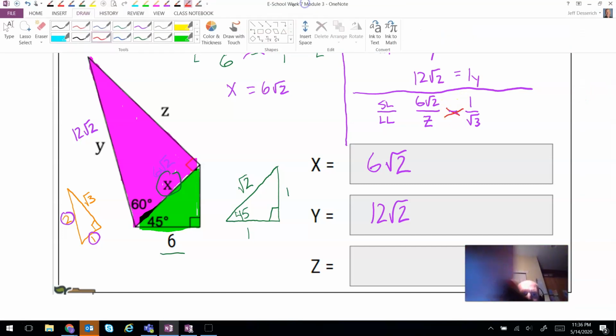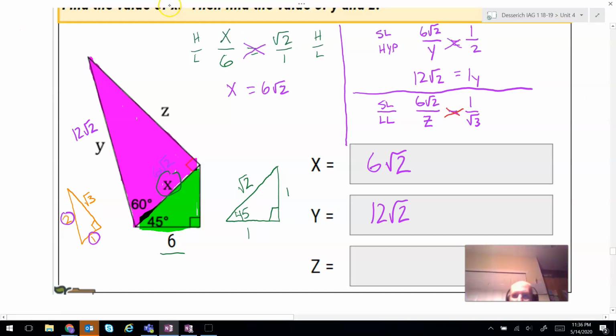If you can see that, we'll get 6 times the square root of 6, because the square root of 2 times the square root of 3 is the square root of 6. We multiply inside times inside, outside times outside. There's really no number outside the square root of 3 right here. It's kind of like a 1. So we get 6 square root of 6 equals just z. So then we have 6 square root of 6 for z.